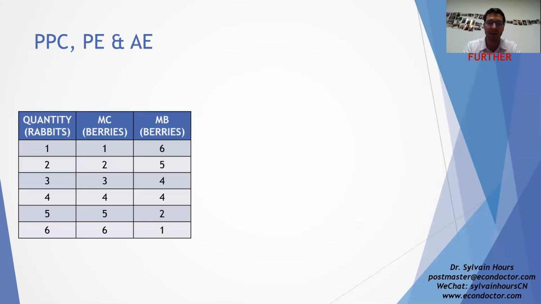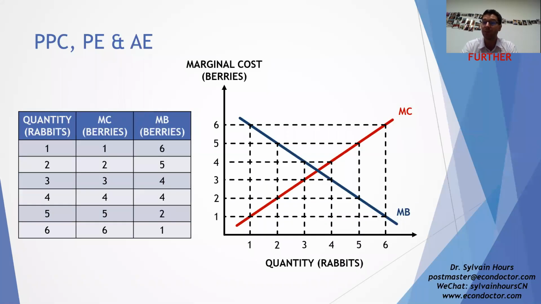And if I bring together these two diagrams, then I can tell you which combination is allocatively efficient. Should we hunt and eat the first rabbit? Yes, because the marginal benefit is greater than the marginal cost. Okay, this can increase my satisfaction. Should I hunt and eat the second rabbit? Yes, because the marginal benefit is greater than the marginal cost.